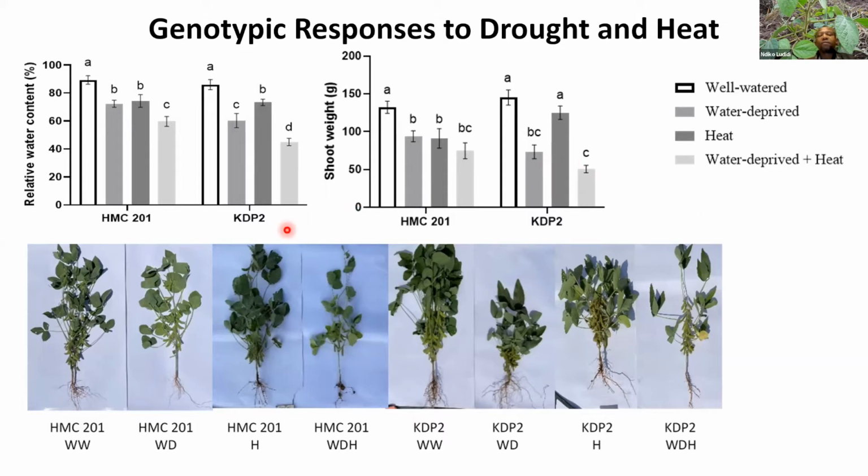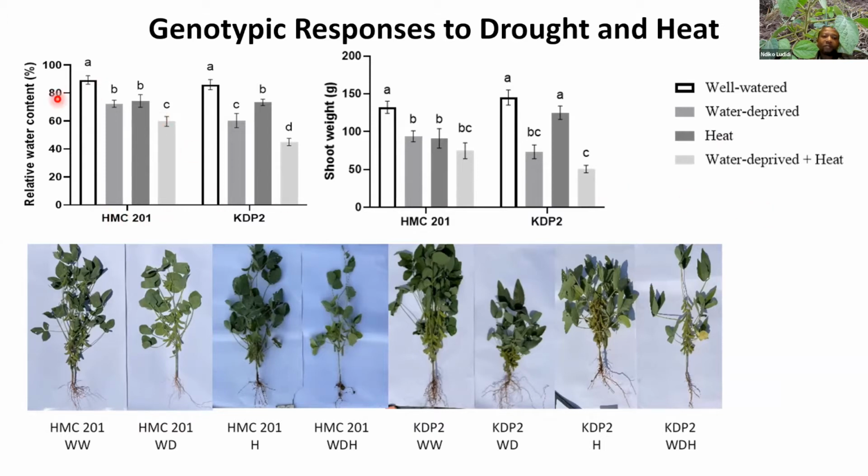When we screened these 19 cultivars, varieties, or accessions of genotypes, we ended up selecting 2 of these because they are the most contrasting in terms of their responses to these stresses.